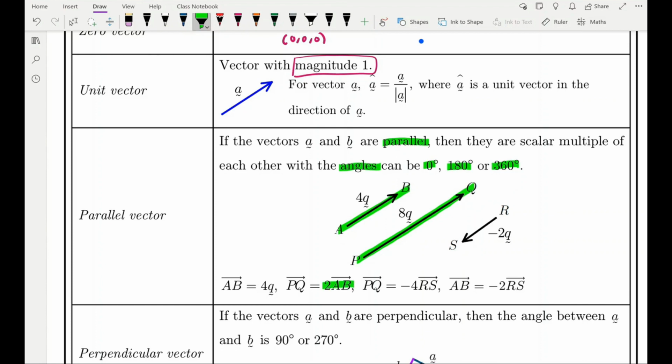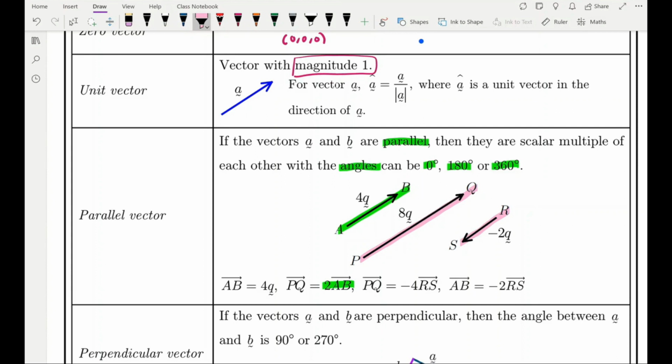And then we compare PQ to RS. For the direction, we know that the direction is opposite, maybe the degree is 180.